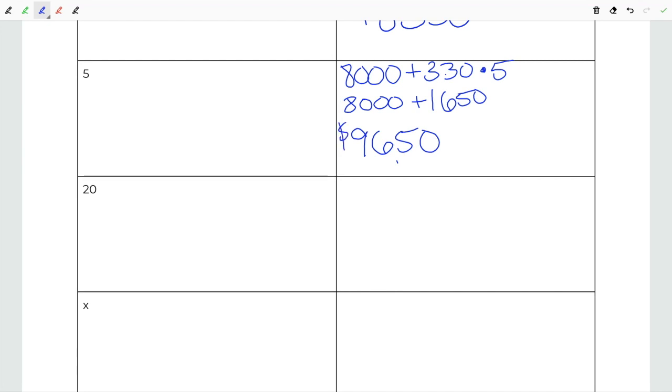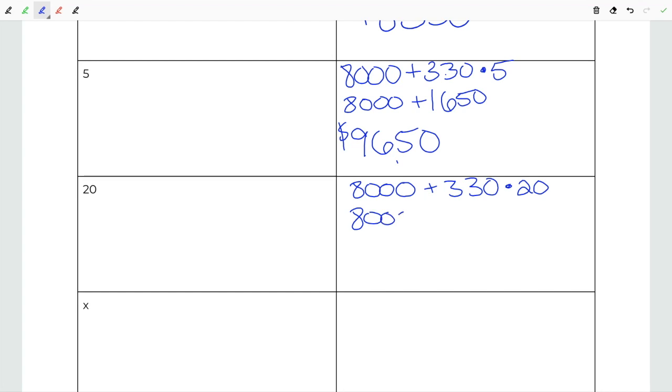Once we've had the system installed for 20 years, we've spent $8,000 to get our solar installation up. Plus, we've spent $330 on grid electricity per year for 20 years.